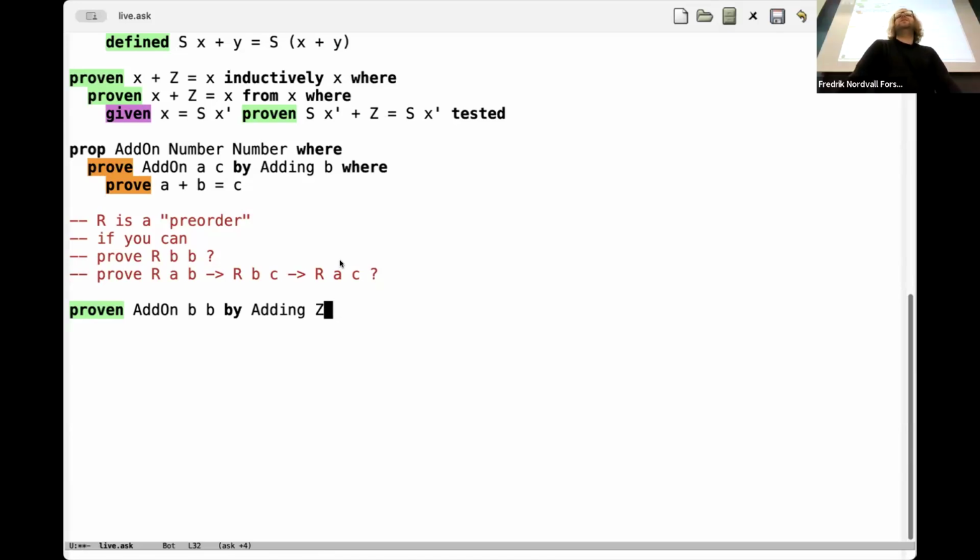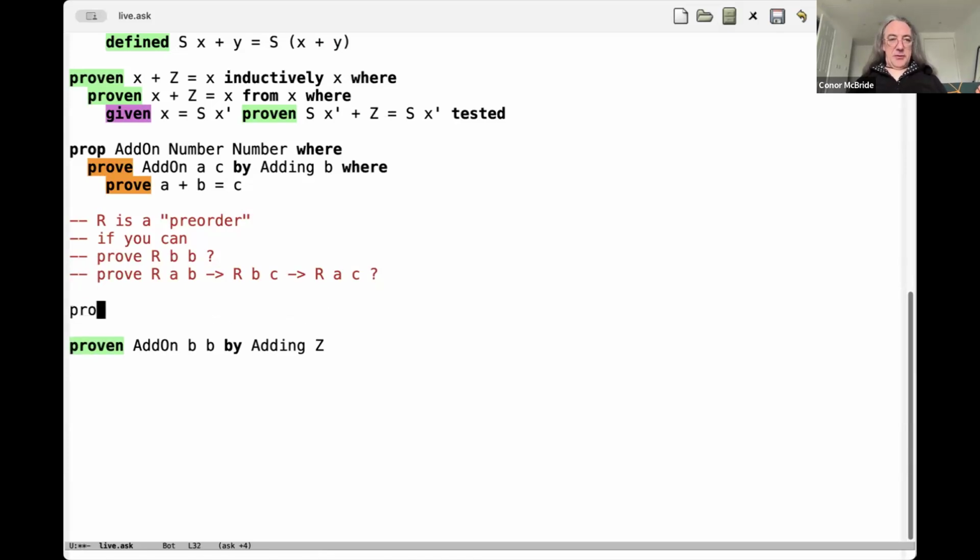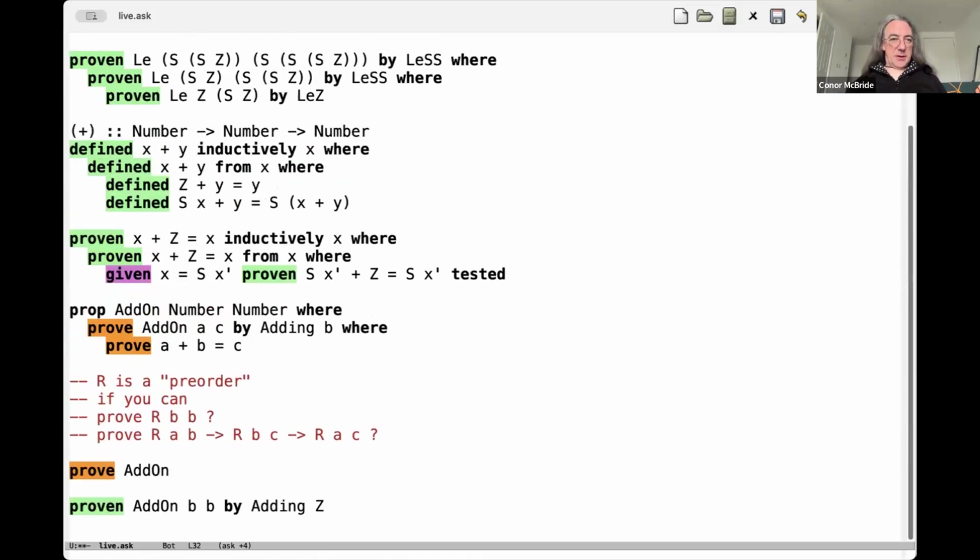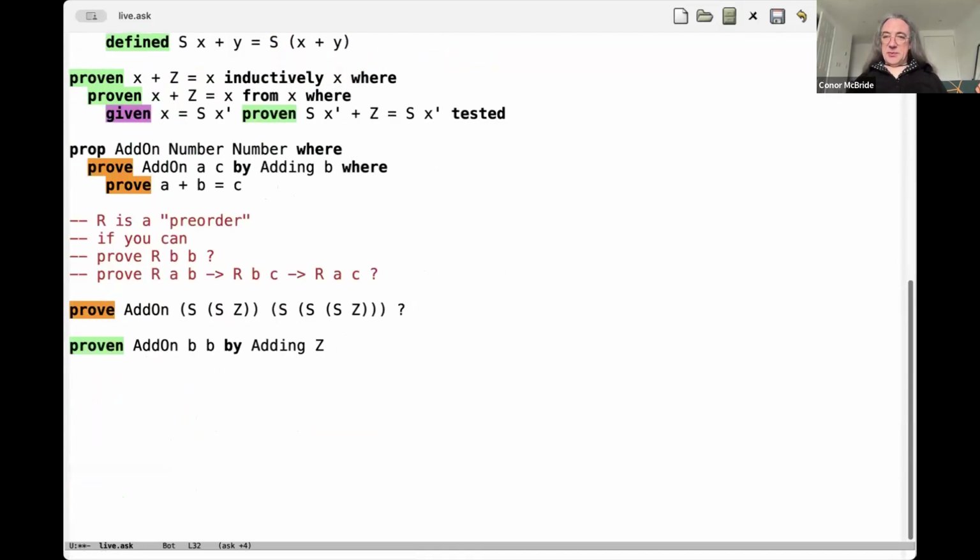Yep, I believe we are. Right. Then I guess I should do an example, of course. Can we prove add on? What did we do earlier? Same thing here. How are we going to prove this?